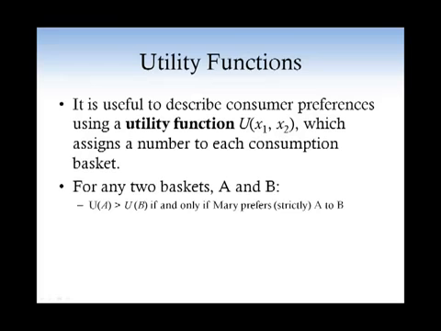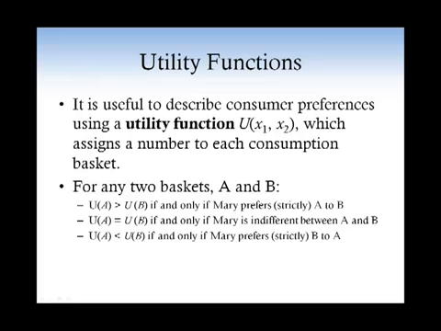A function u that assigns a number to each consumption basket is a utility function if, for any two baskets A and B, u of A is bigger than u of B if and only if Mary prefers strictly A to B. u of A is equal to u of B if and only if Mary is indifferent between A and B, and clearly u of A is smaller than u of B if and only if Mary prefers strictly B to A.